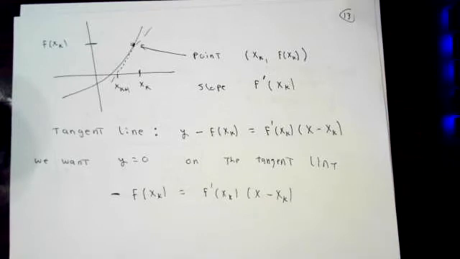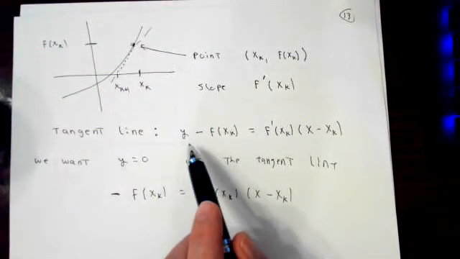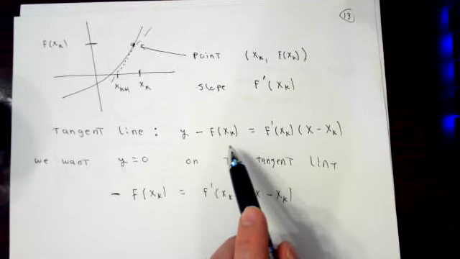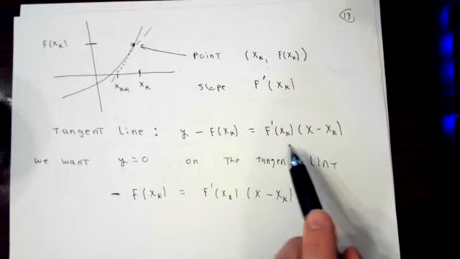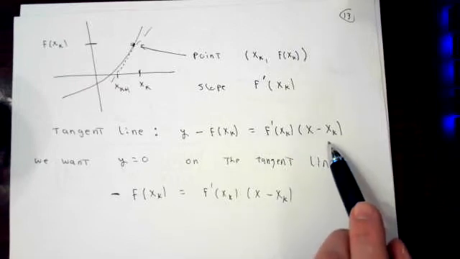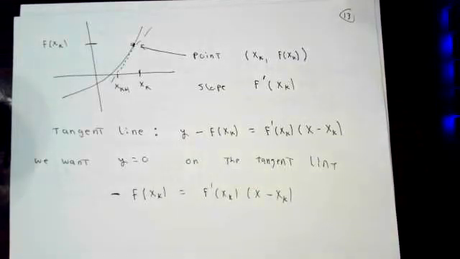Therefore, because of the point-slope form of the equation for a straight line, an equation for this tangent line is y minus f at xk is f prime at xk, that's the slope of the tangent line we're talking about, times x minus xk. This is the tangent line.